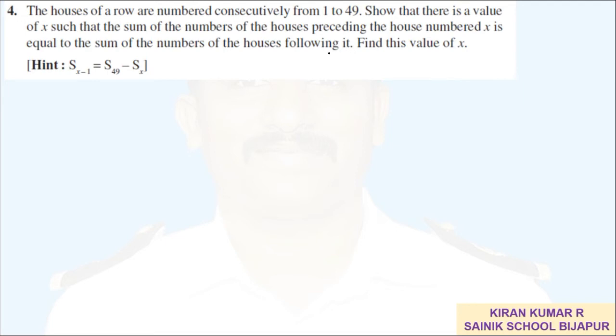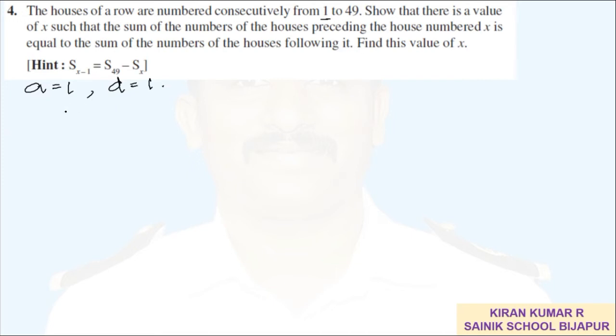Find the value of x. Here the first number is 1, next number is 2, so on till 49. So from the information I can say that a value is 1 and the common difference is also 1.